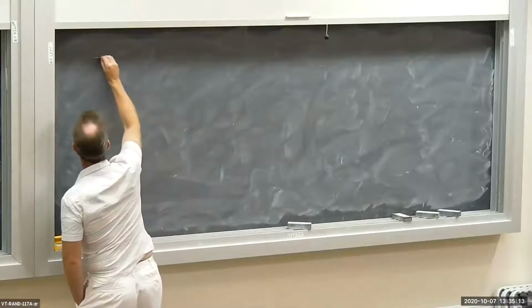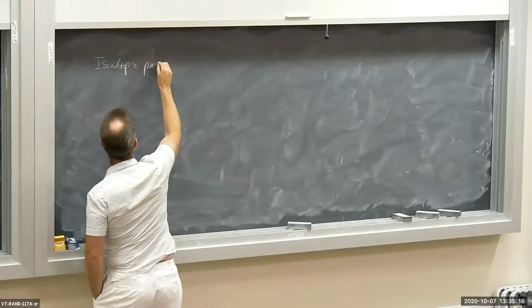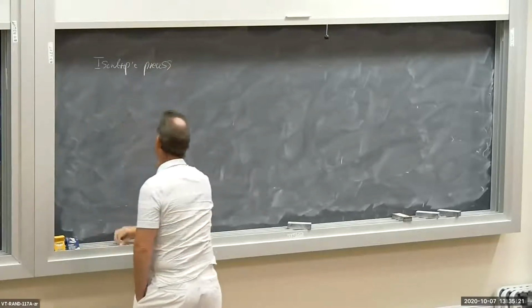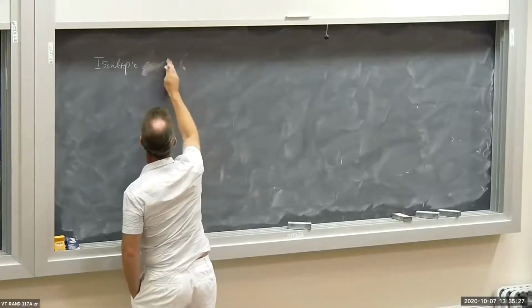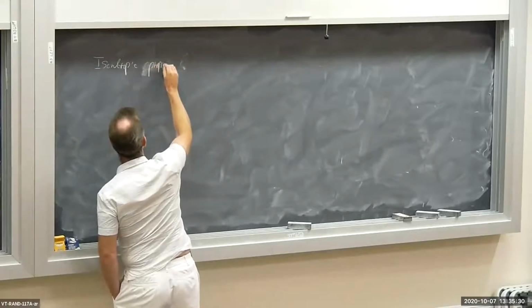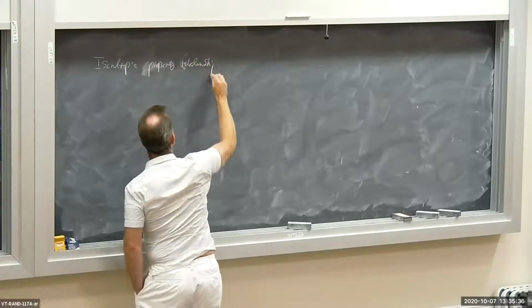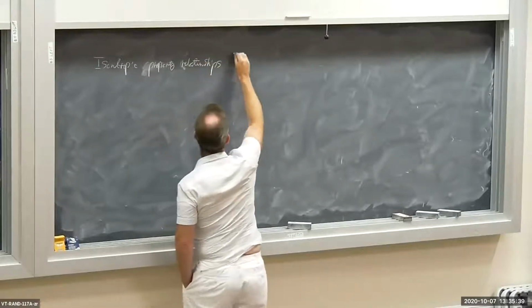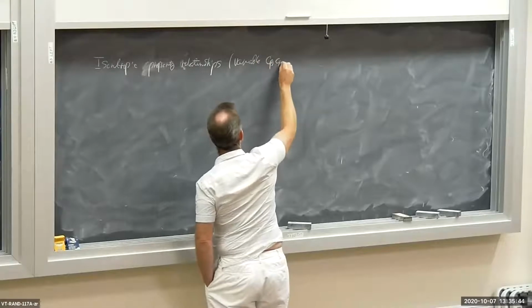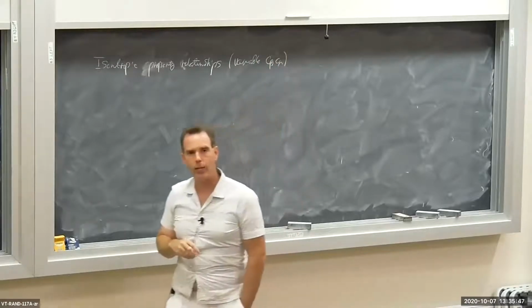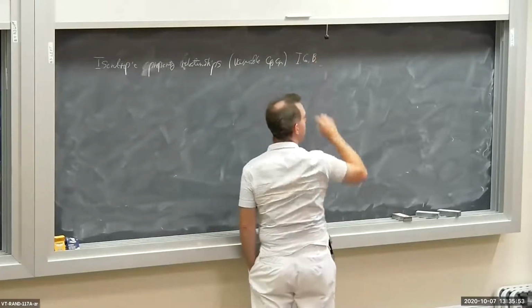So isentropic process, variable specific heat, isentropic property relationships. And again, this is for ideal gas behavior. So make sure IGB, ideal gas behavior, okay?